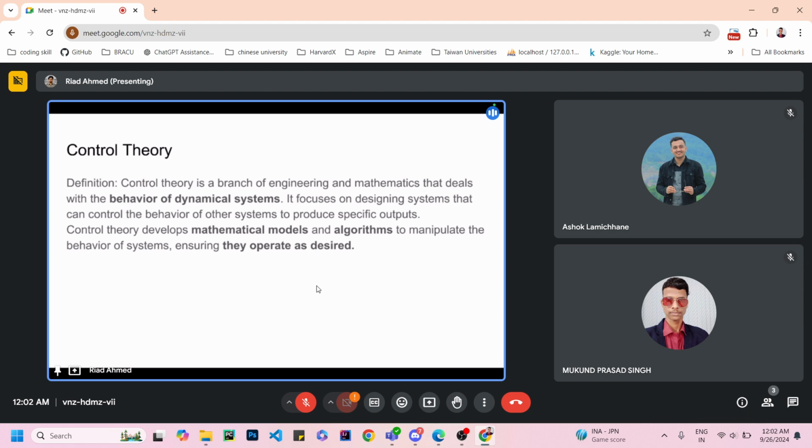It will change over time, so you can't predict the output of your system. That is called a dynamical system. As you are not able to predict the output of your dynamical system, controlling the output is very difficult, and those difficult tasks are achieved by using mathematical models and algorithms, which help you achieve your desired goal as closely as possible. That is the underlying basics of control theory.